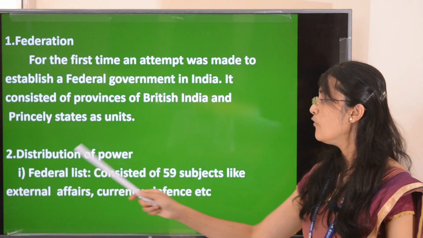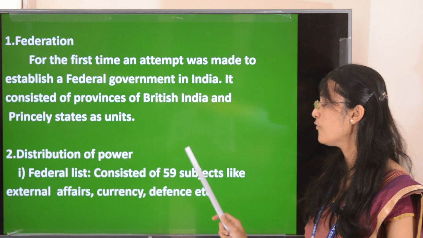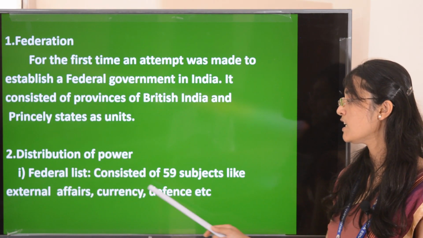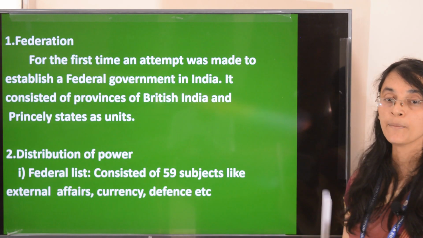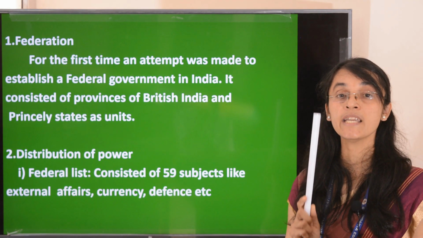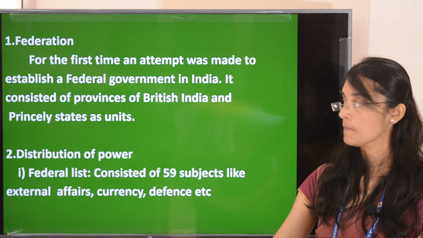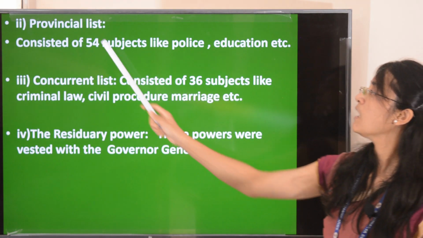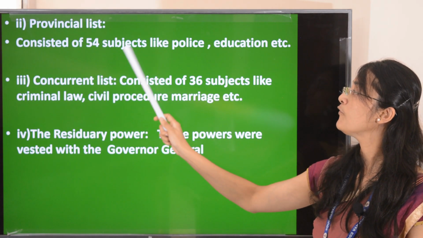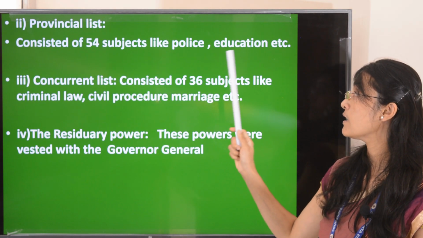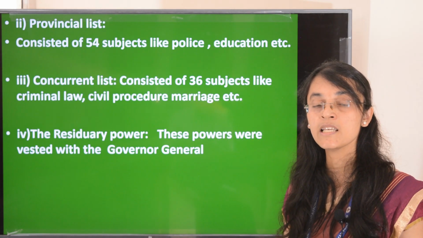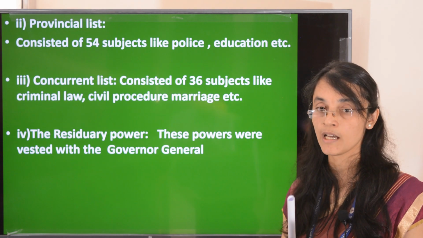See students, the federal list consisted of 59 subjects like external affairs, currency, defense, etc. At present, in this list, a total of 98 subjects are there. Then the next one is the provincial list. This list consisted of 54 subjects like police, education, etc. At present, in this list, 59 subjects are there.